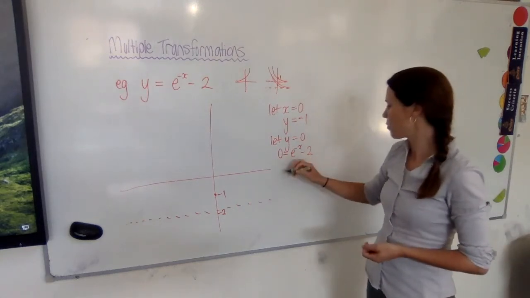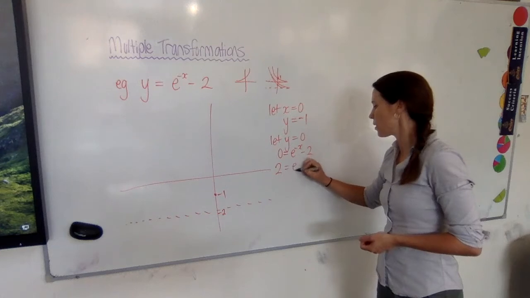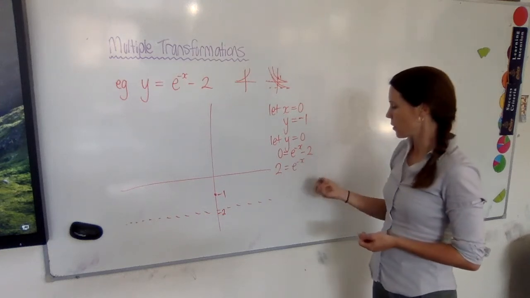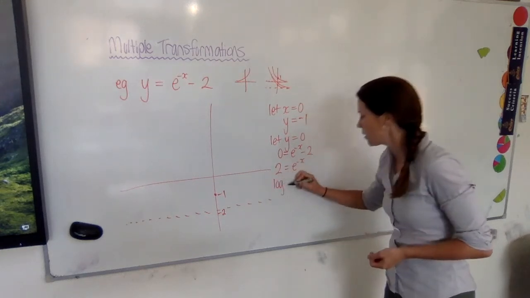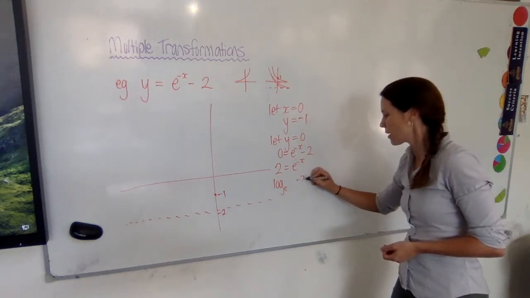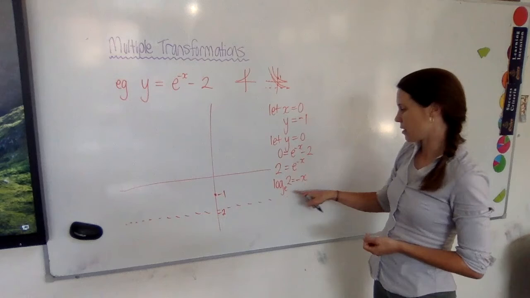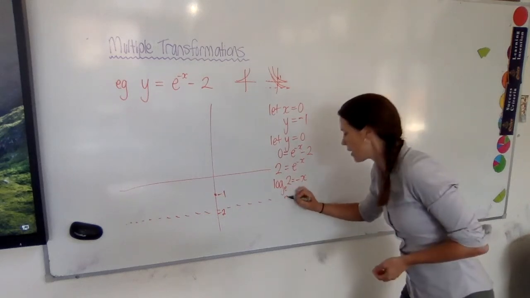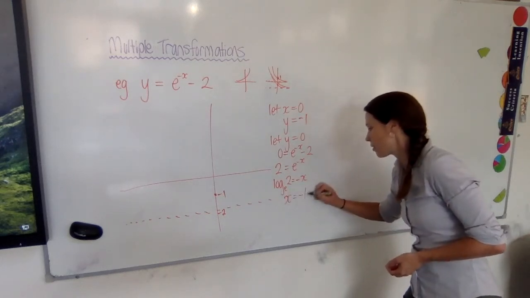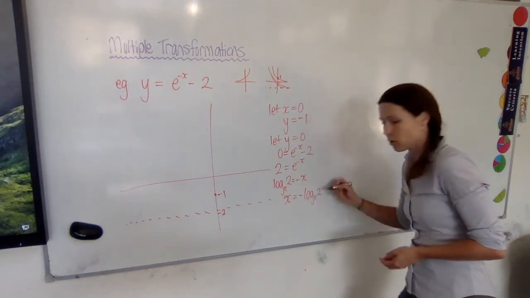So adding 2 to both sides brings the 2 to the left-hand side. And now we can retell this as a log: e to the power of minus x is equal to 2. Now, if negative x is equal to the log of 2, then x must be equal to negative the log of 2.